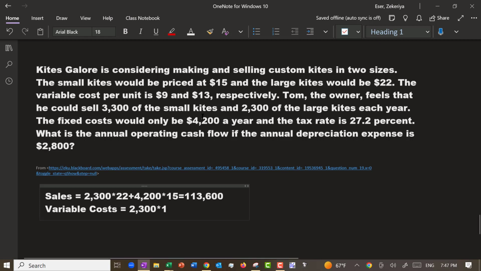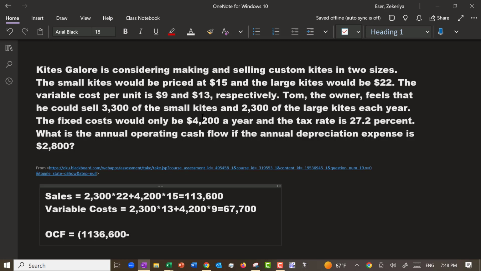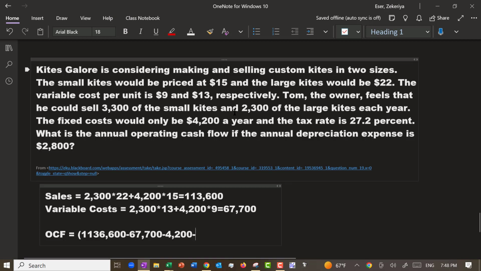So OCF, I'm going to do it directly: sales 113,600. Variable cost 67,700 minus fixed costs 4,200 minus, where is the depreciation? Ah, yes, yes.